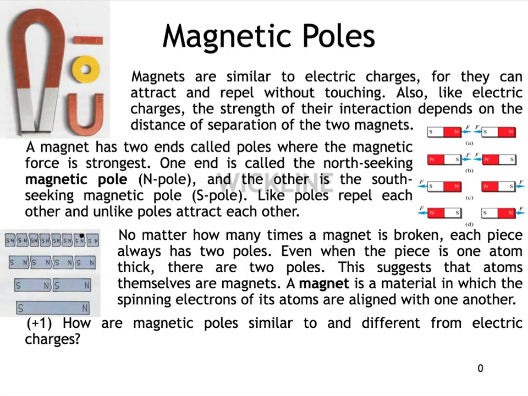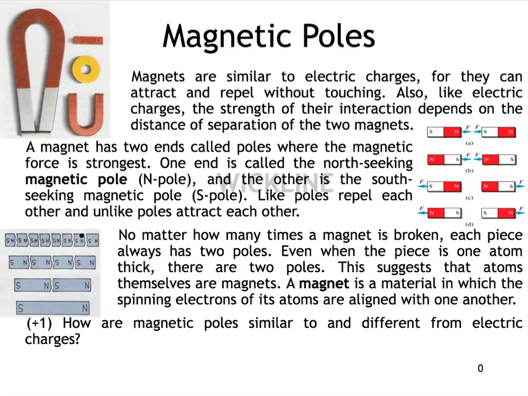And I'll get into something more later, but the north pole of the magnet is actually the north-seeking pole, meaning it's seeking the north pole of the Earth. But there's some stuff there I have to talk about, and of course the south pole is the south-seeking pole.